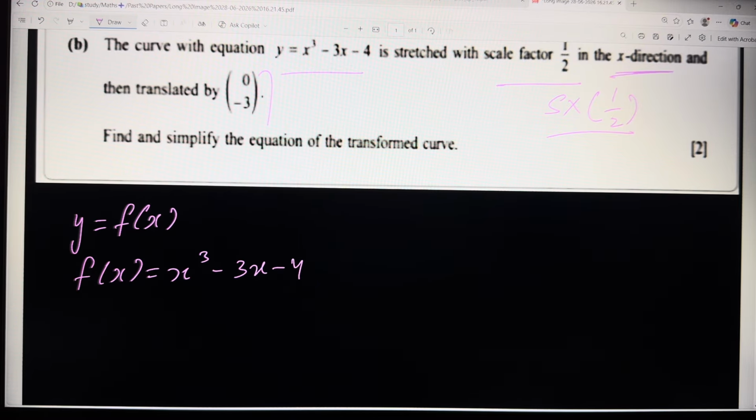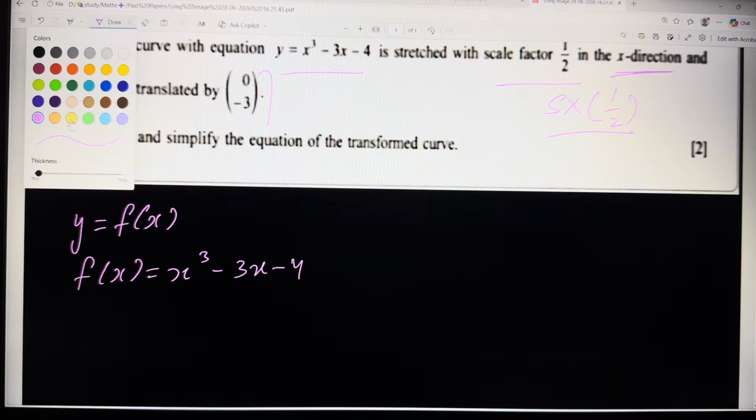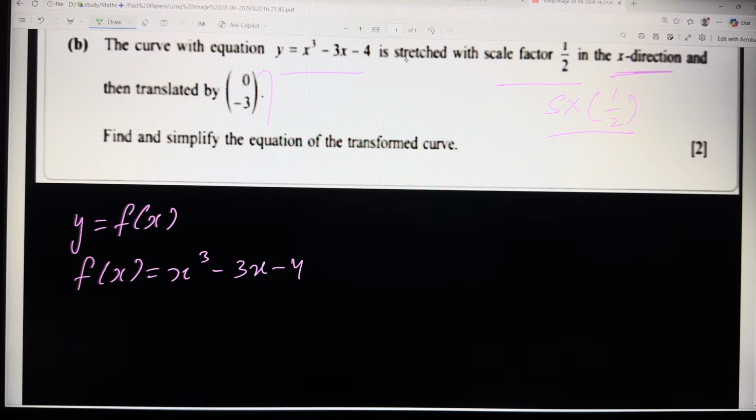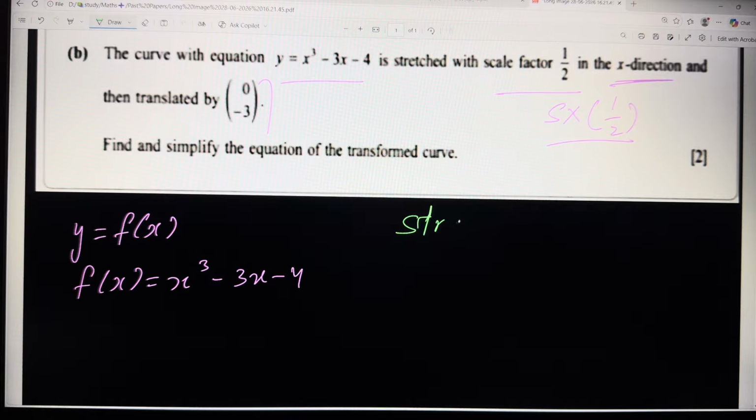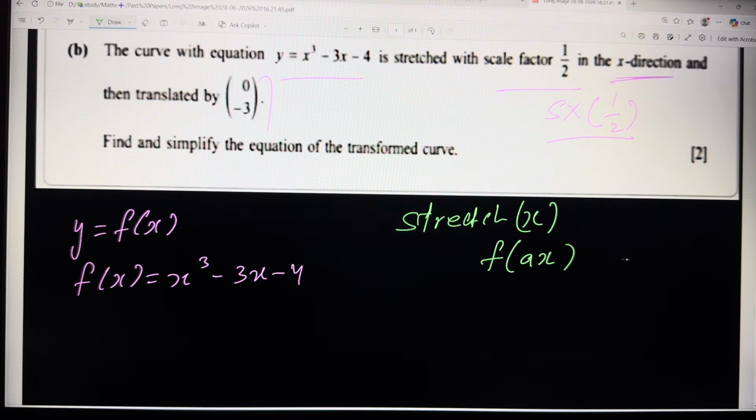The first thing that we have is it is stretched in the x direction with a scale factor of half. Remember this: stretch in the x direction is like f(ax). When we write the scale factor, again the bracket will lie. How?